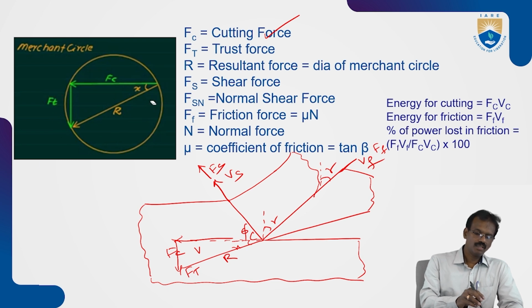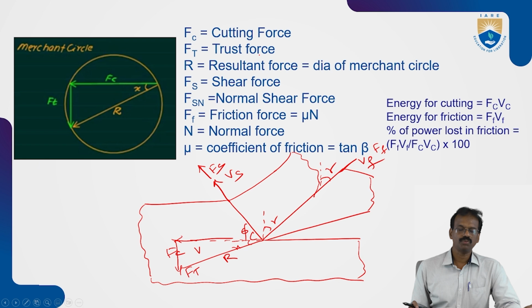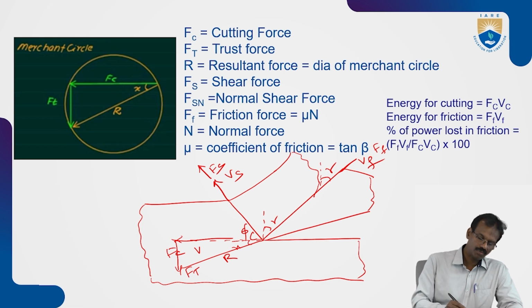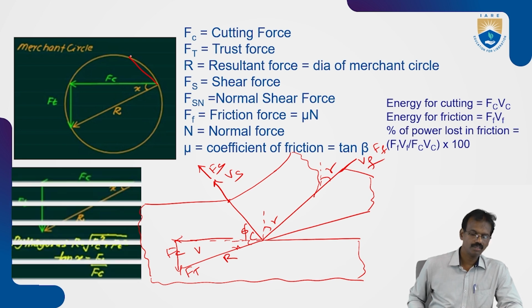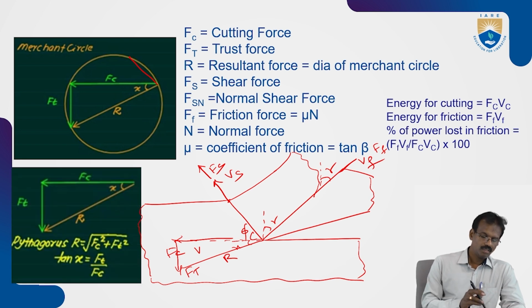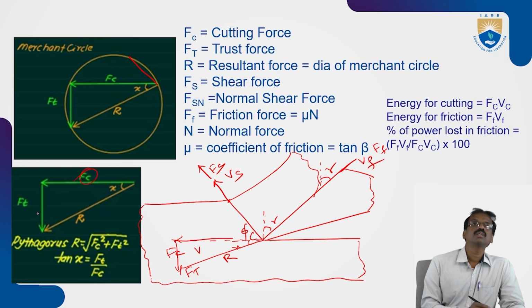Now we'll see the resultant triangle of shear force. Shear force acts like this. This is the relationship between the cutting force and the thrust force. This one is the resultant, angle is equal to x.